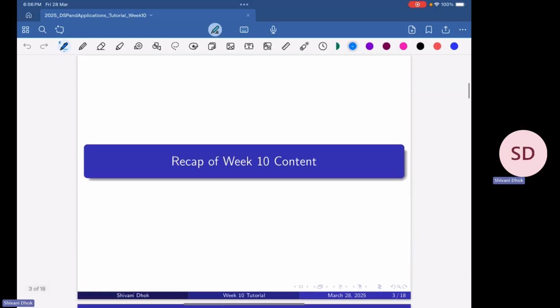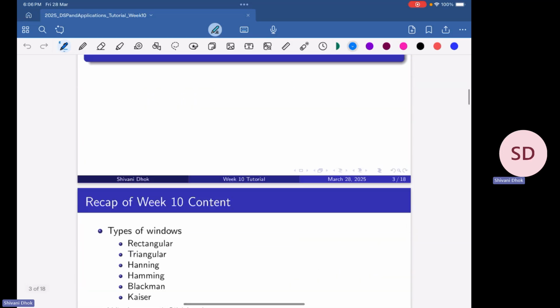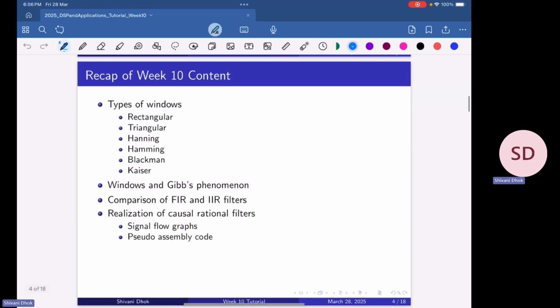Okay, so let's start with the recap of week 10 content. This week 10 content carries forward the concept of FIR filter that we started from the previous week, that is from week 9. In this week, first we introduced various kinds of filter windows. So how do we construct an FIR filter?